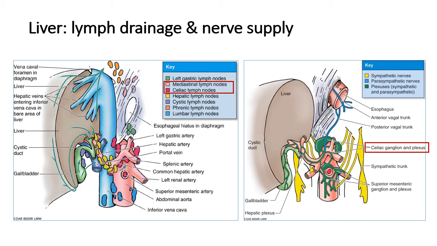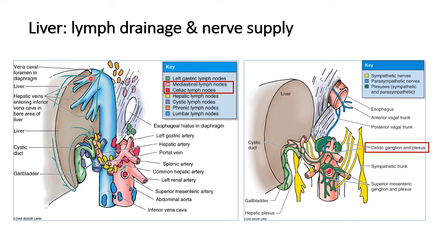Now, when we come to the lymphatic drainage and nerve supply to the liver, the lymphatics mainly drain into the celiac lymph nodes, because again, following the artery, it will end in the celiac lymph nodes.